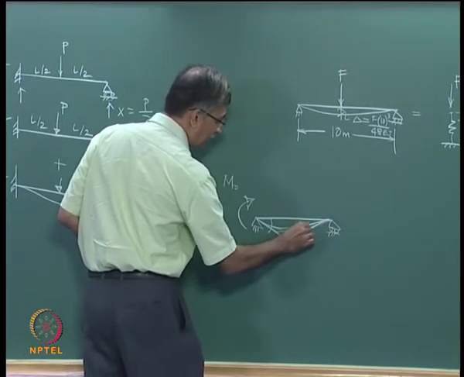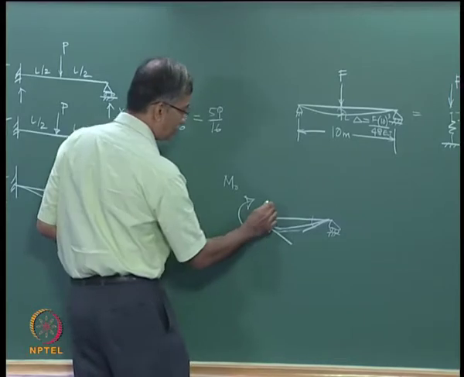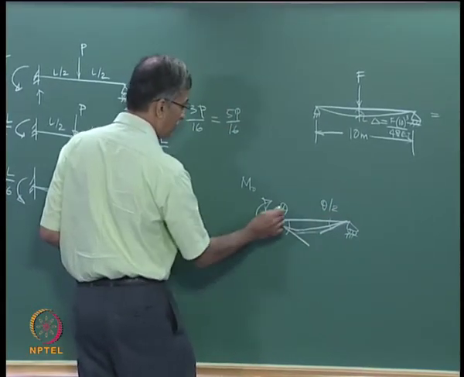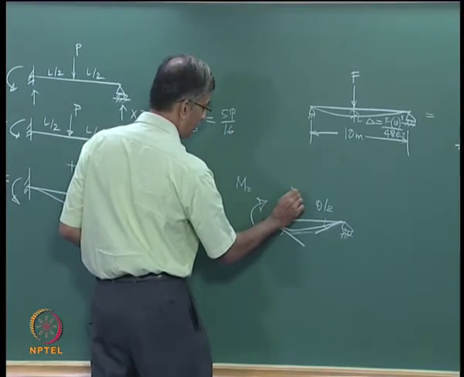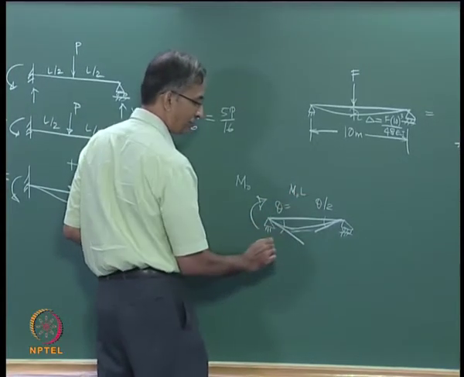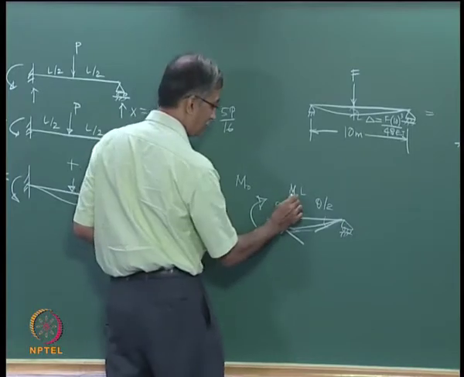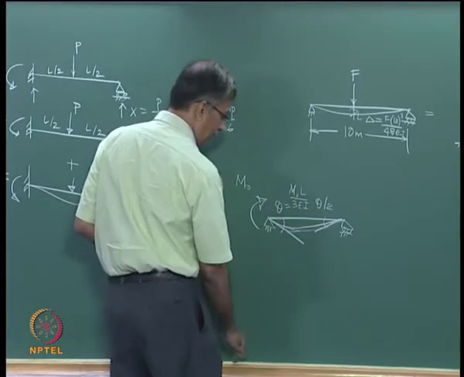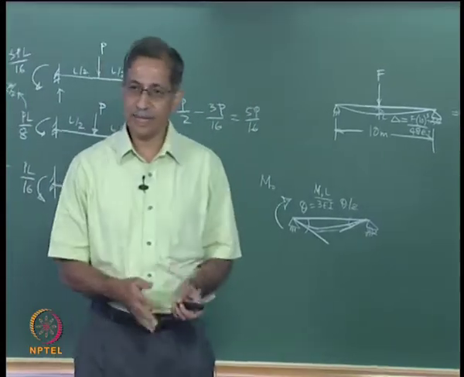What is the relationship between these two angles, do you know? This is twice that. And what is this relationship? Theta will be M naught L by 3 EI, right. So that is what we have done here. So you have these relationships.